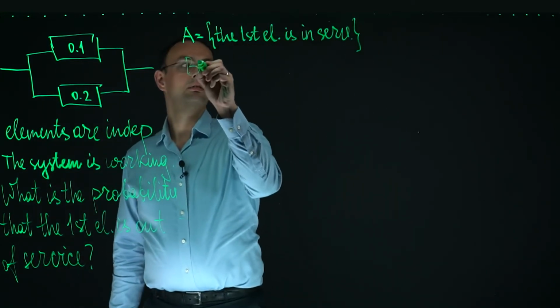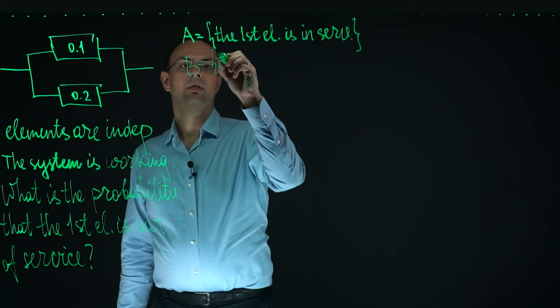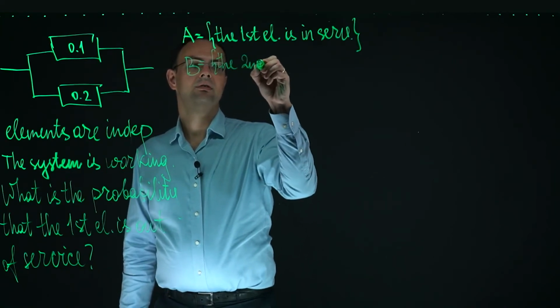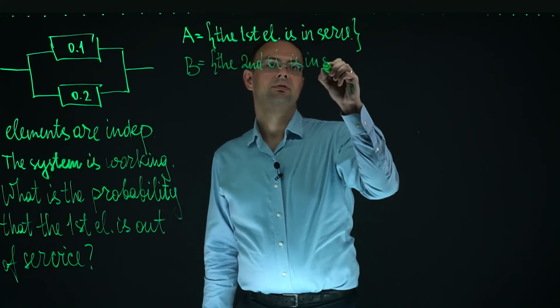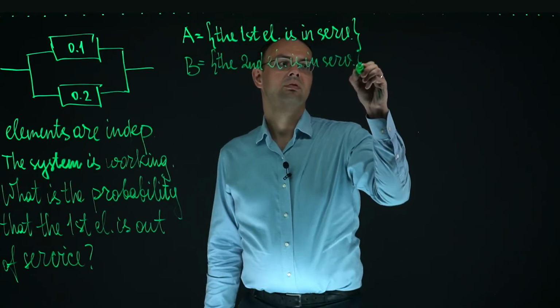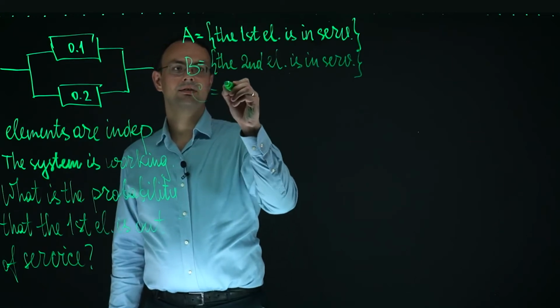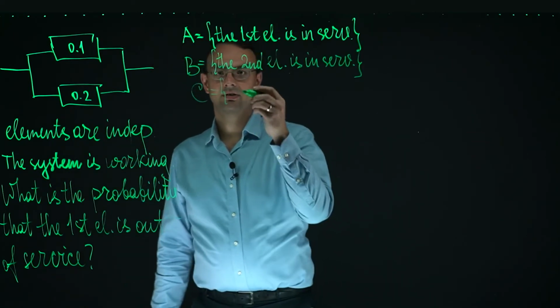B, the second element is in service. And C is that the system is in service.